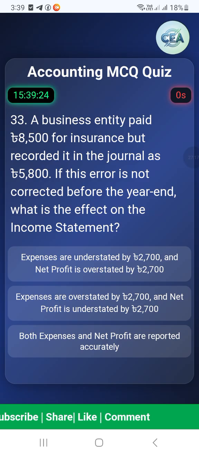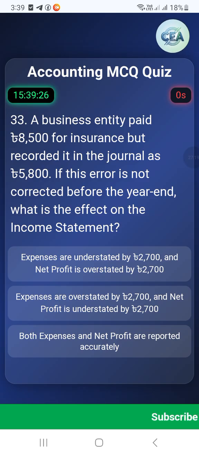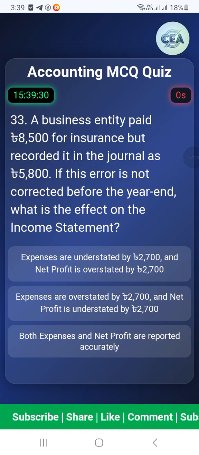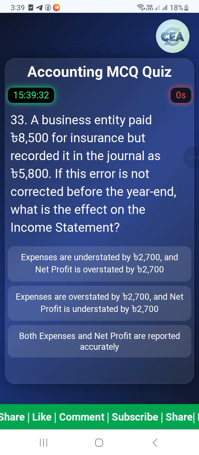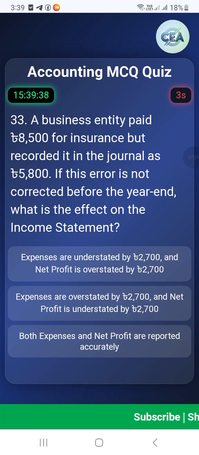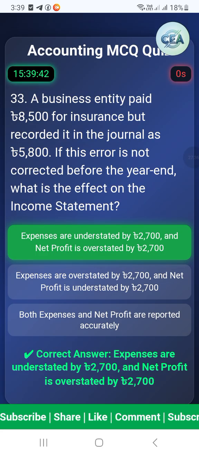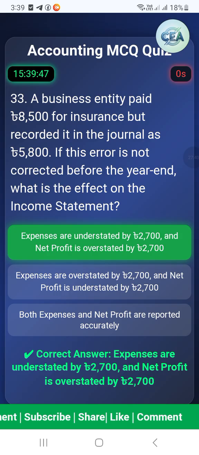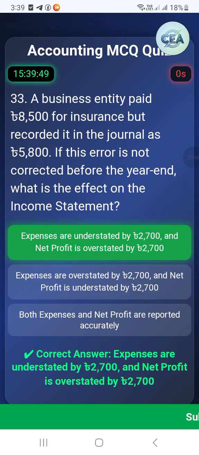Expenses are overstated by 2,700 takas, and net profit is understated by 2,700 takas. Option 3. Both expenses and net profit are reported accurately. Correct answer is expenses are understated by 2,700 takas, and net profit is overstated by 2,700 takas.